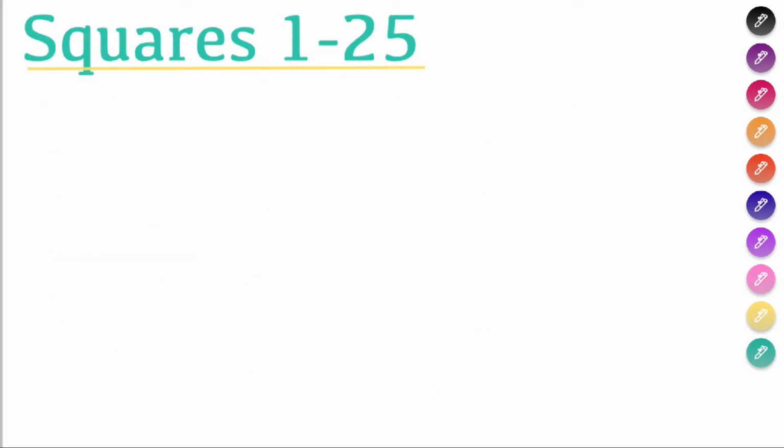Now let us see the trick happen over here. 1 square is 1. 2 square, we add 3, so we write 4. Then 3 square is 9, we add 5.